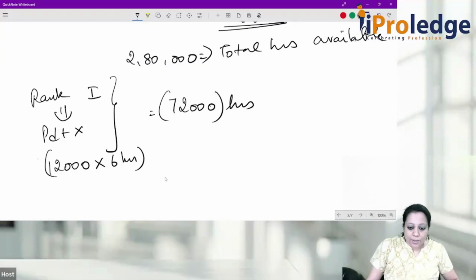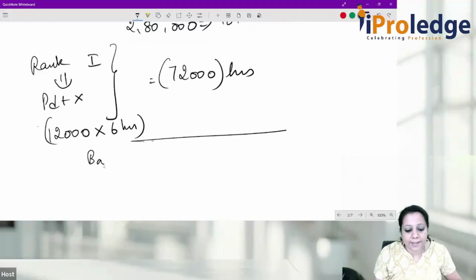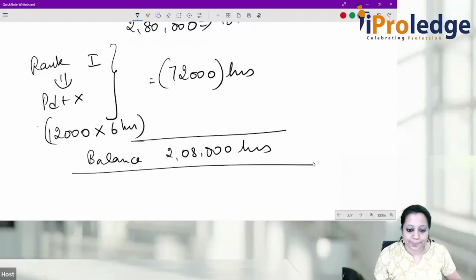Yes. So now balance estimate. Balance is 2,08,000 hours.